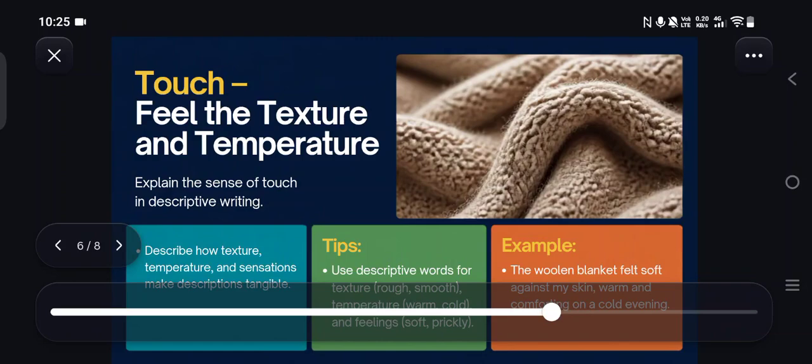Descriptive basically means describing an image, a scenery, a thing, anything which you can see, hear, smell, touch, and feel. Let's talk about touch.